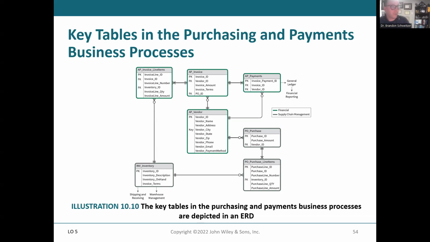So your vendor list should be unique. Each vendor has their own ID number. Each purchase order has its own ID number. Each payment has its own unique invoice number. And of course, inventory has its own identifying numbers.